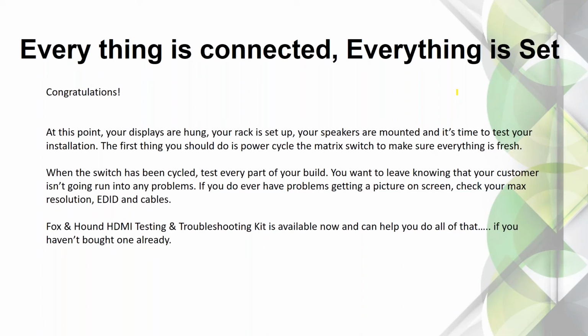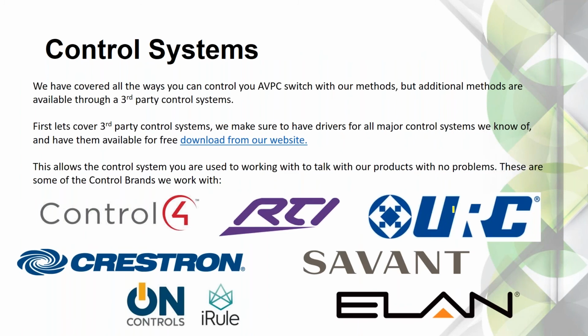So most of you are going to probably put in a third-party control system. So you'll be happy to know that we have all of these different drivers available. So we have IP and serial or RS-232 drivers for Control 4, RTI, Crestron, Savant, and others.